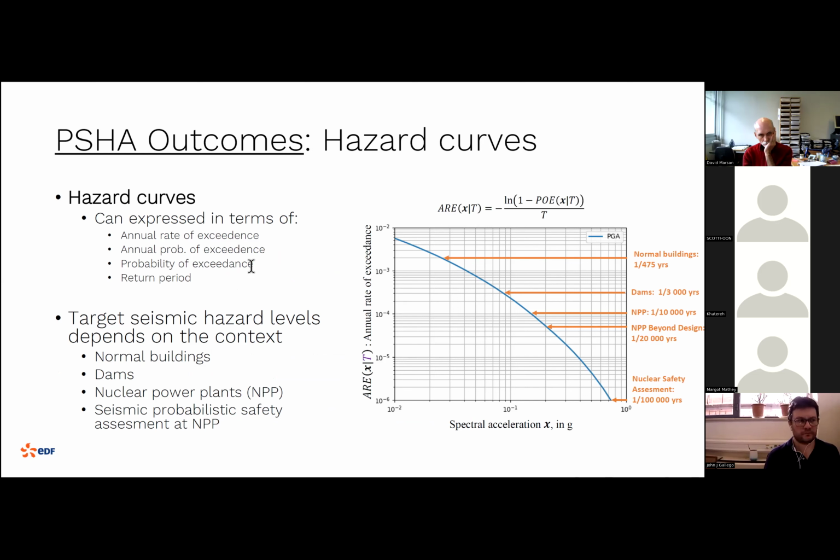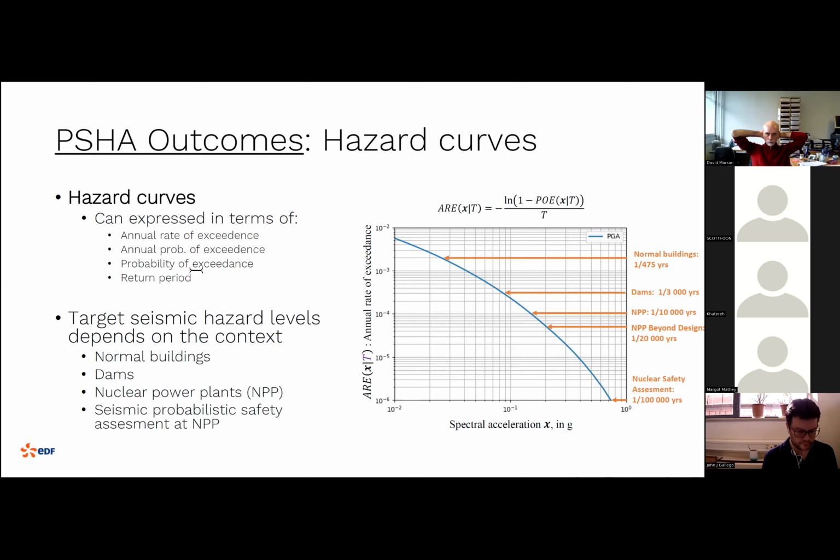So the outcome is a hazard curve, the typical outcome. This curve is actually obtained by applying the previous equation. And for each acceleration level x, you have a value that is given by the formula in the previous slide.